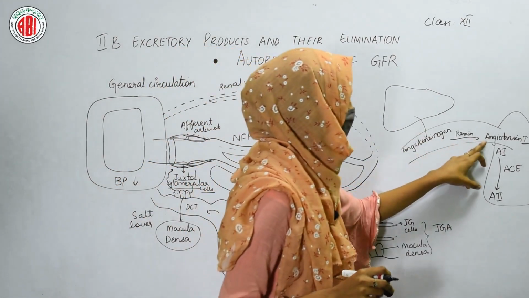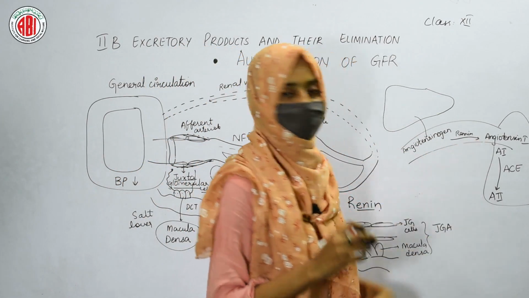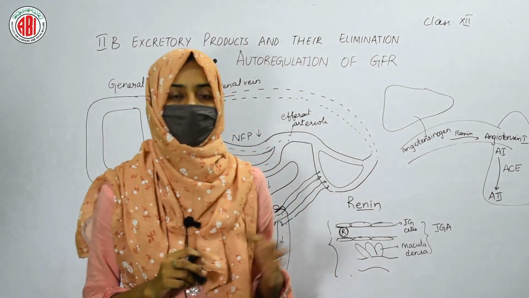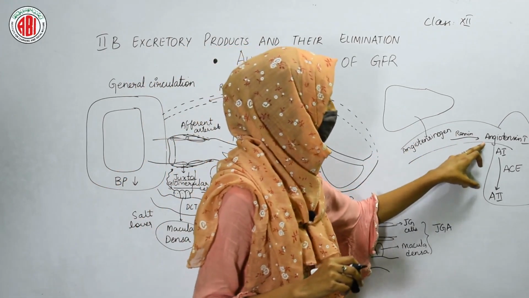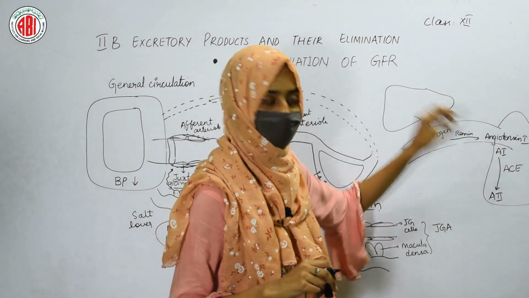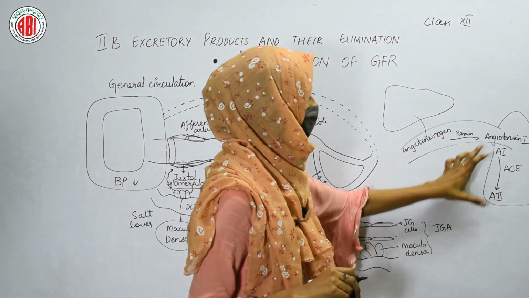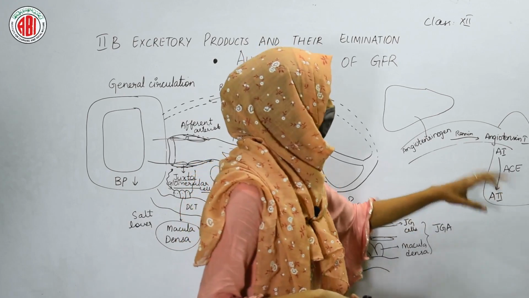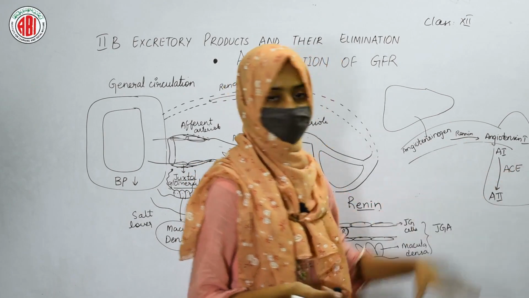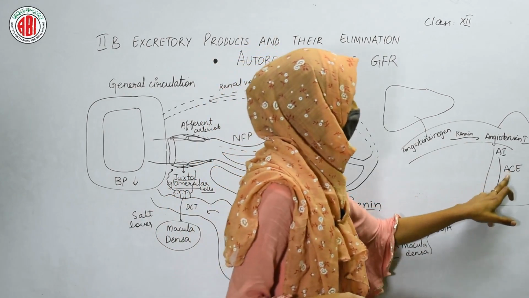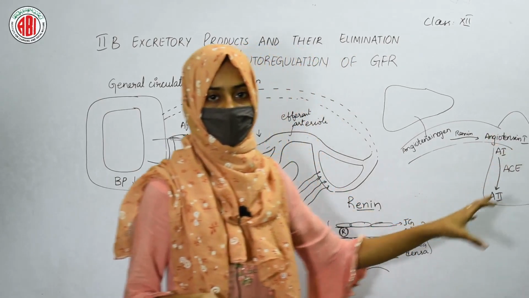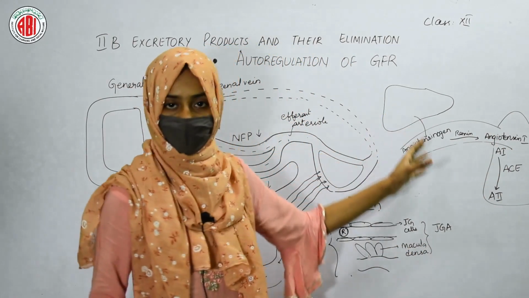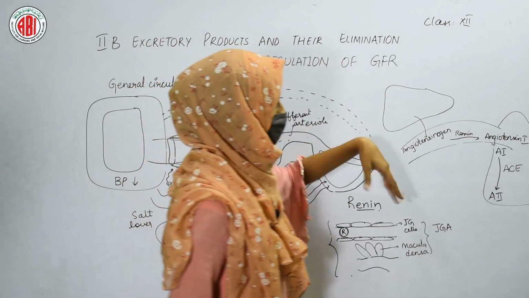This angiotensin 1 is broken down again, that too in the lungs. In the lungs it is broken down in the presence of another enzyme, that is angiotensin converting enzyme. It functions like renin for the breakdown reaction.